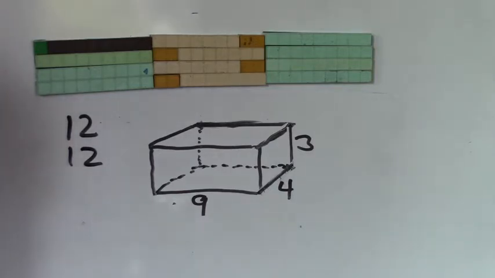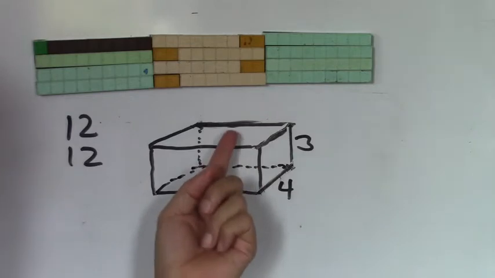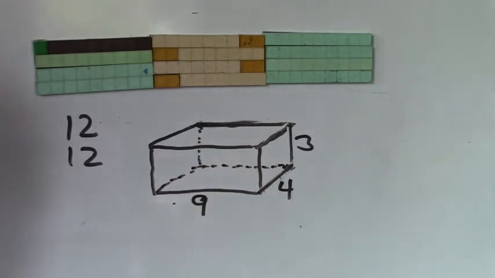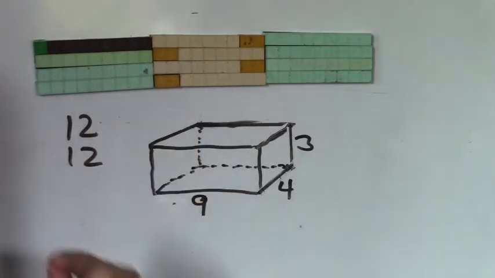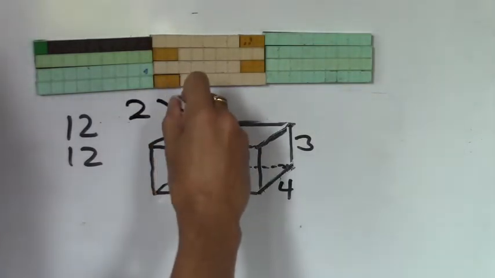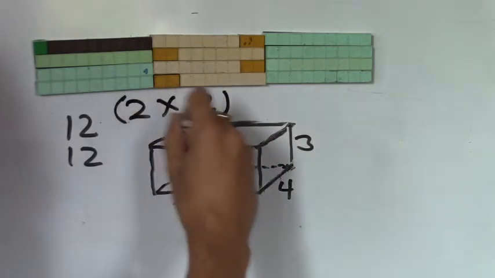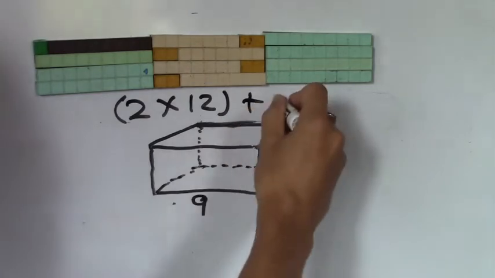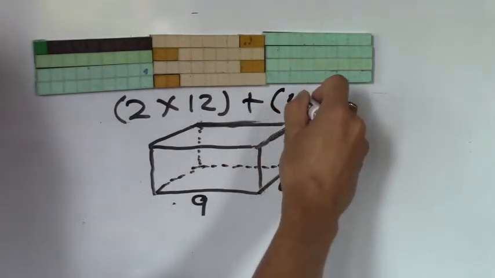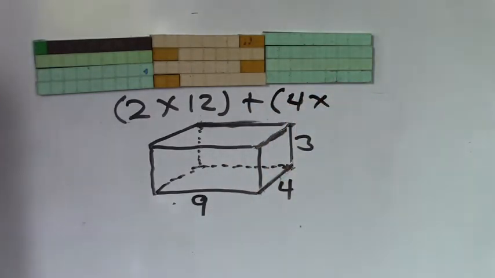And you can make up a formula on your own later on, because cubes or any kind of rectangular solid are super easy to count. You're going to have 2 of these, and then how many of these am I going to have laid out? 4 of them. So I'm going to have 2 times 12 plus 4 times what?